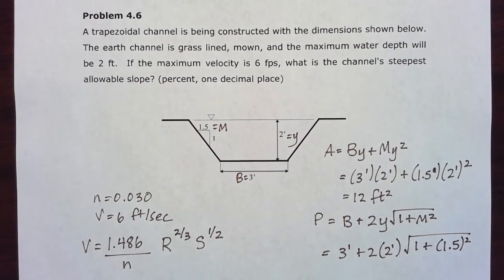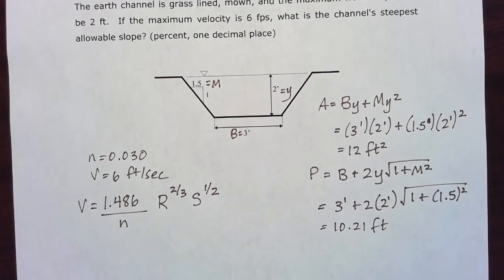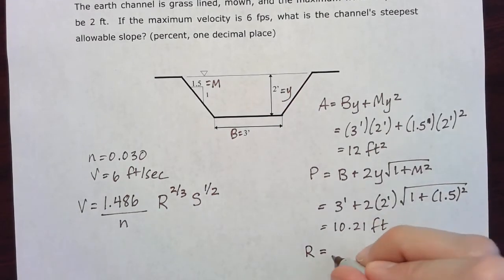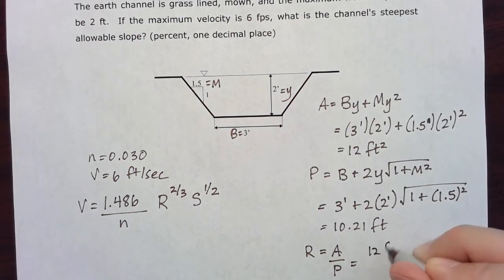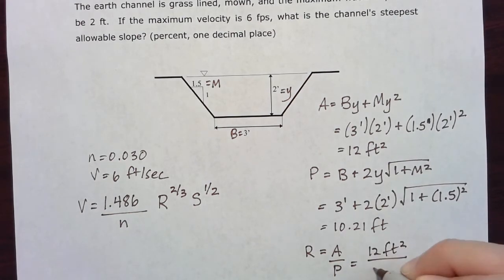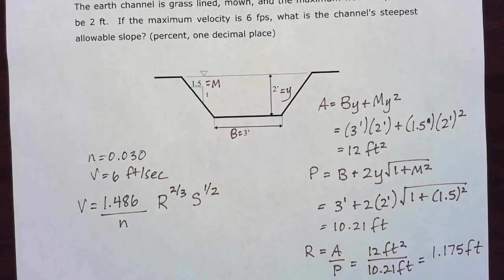And so we find out that the wetted perimeter is 10.21 feet. So in order to find the hydraulic radius, we're going to take that area and divide it by the wetted perimeter. We get 12 feet squared divided by 10.21 feet, so we will get an answer out in feet, and that is 1.175 feet to 3 decimal places.